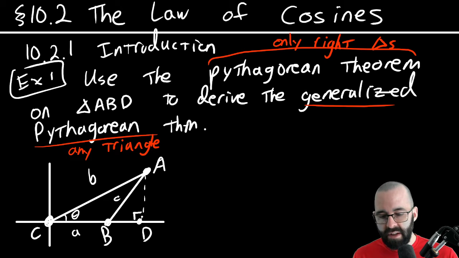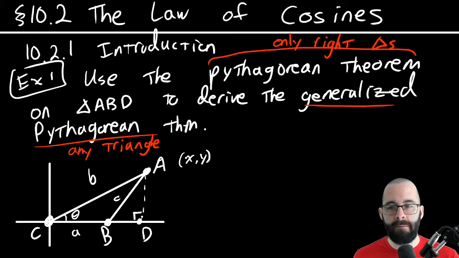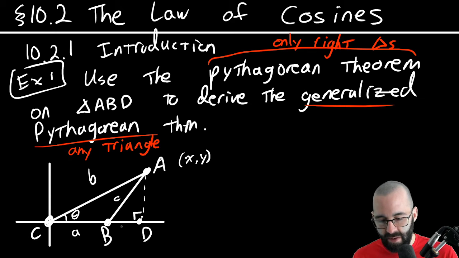So let's look at the point A. This point A is some point (x, y), and we know some things about that. But let's get into things, shall we? The Pythagorean theorem says a squared plus b squared equals c squared. So this squared plus this squared equals that squared.